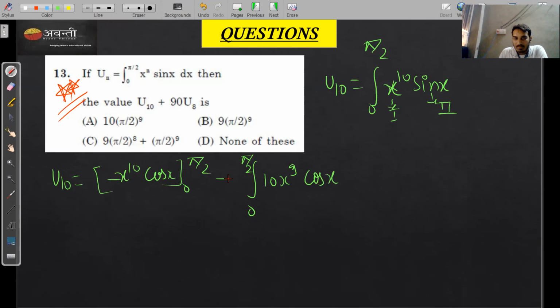So this minus will come here and make it plus, right? Now when you put x equal to pi by 2 here, cos pi by 2 will make it 0, and when you put x equal to 0, then x raised to the power 10 makes it 0. So this is 0, right?